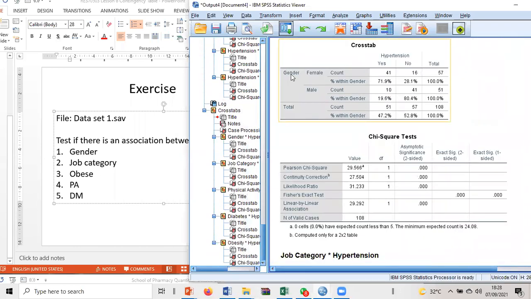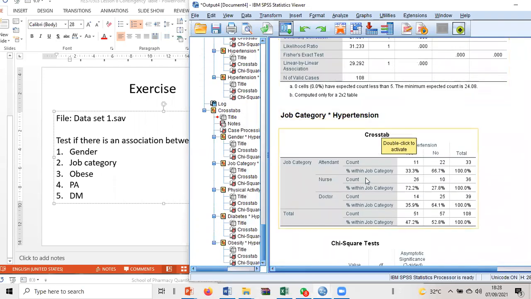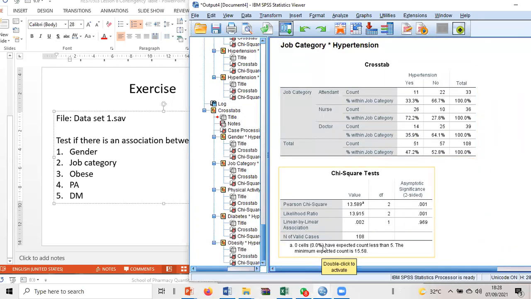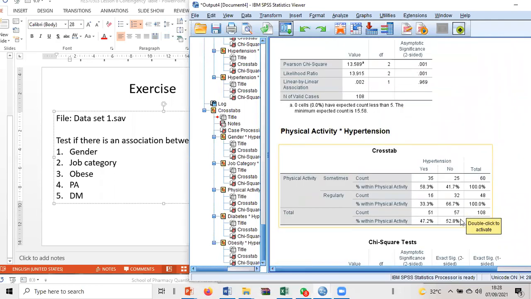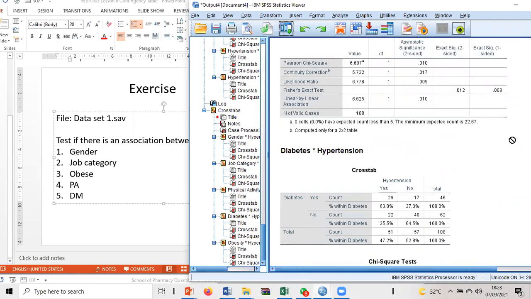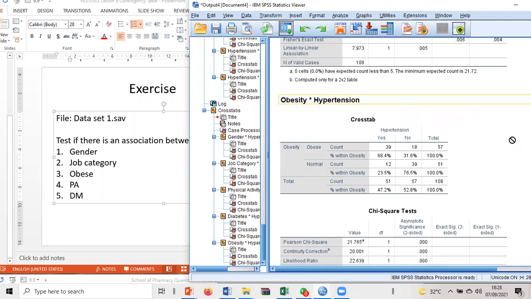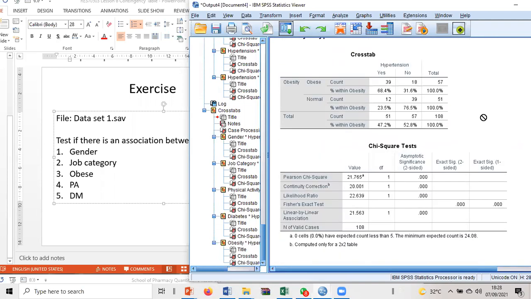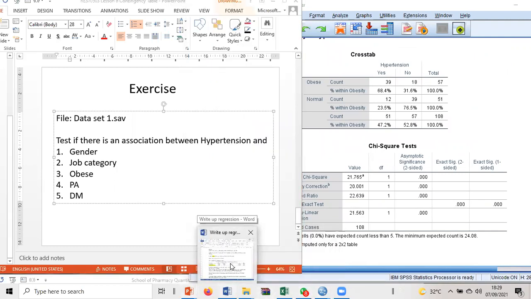Now, first table for gender, second table for job category, third table for physical activity, now only 2 levels, I just recoded. And then diabetes, obesity, right? So how to present this now? We're going to create a table like what I did earlier.